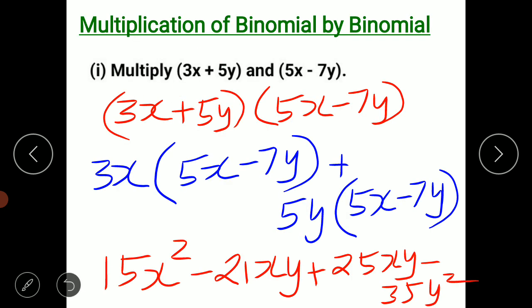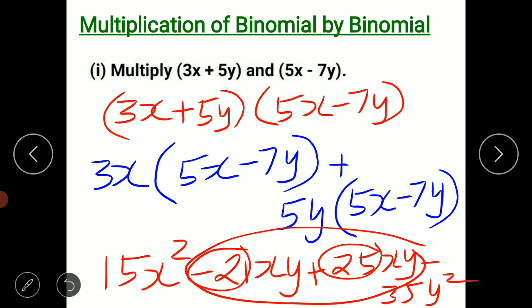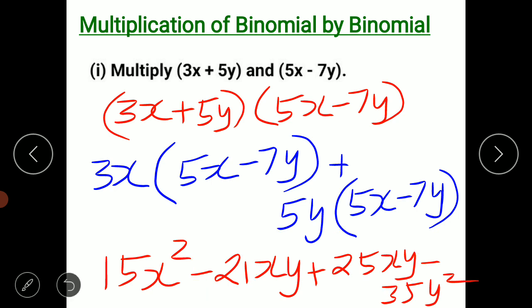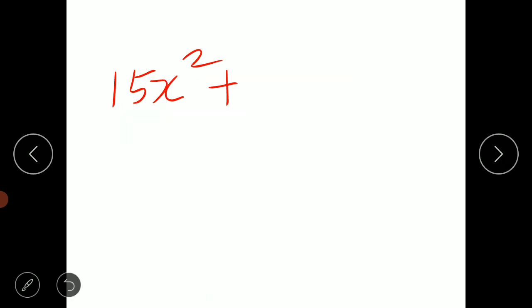So 15x square, then here these two are like terms, xy terms, so we can simplify the numerical values. Minus 21 plus 25, unlike signs, subtract, take the greater number's sign, so 4xy.